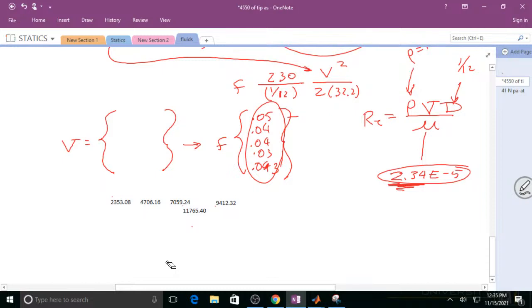I can't even get to the point of pushing myself out of the laminar region. So this is my Reynolds number. That's approximate. I'll say very approximate.